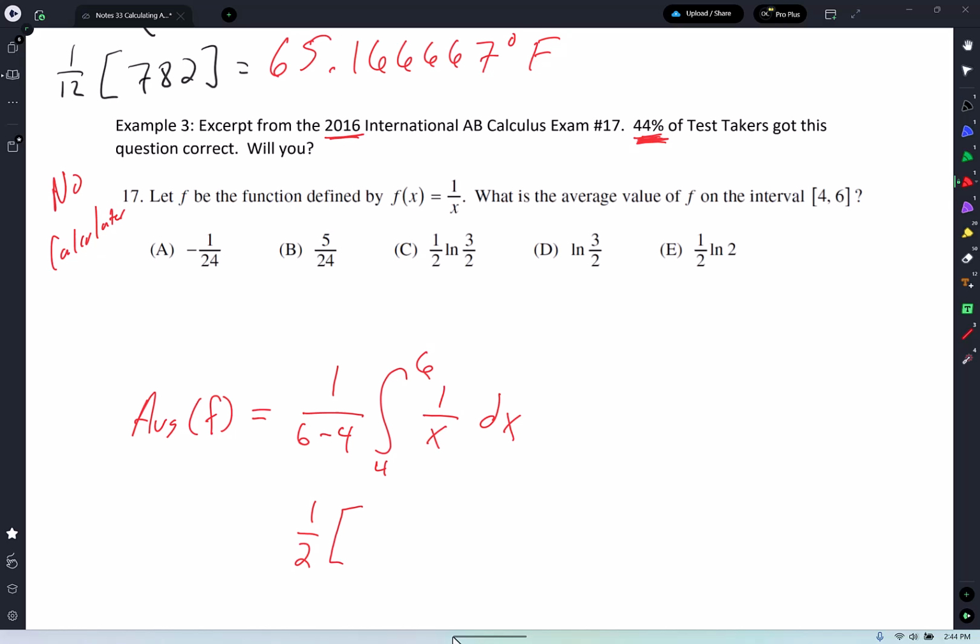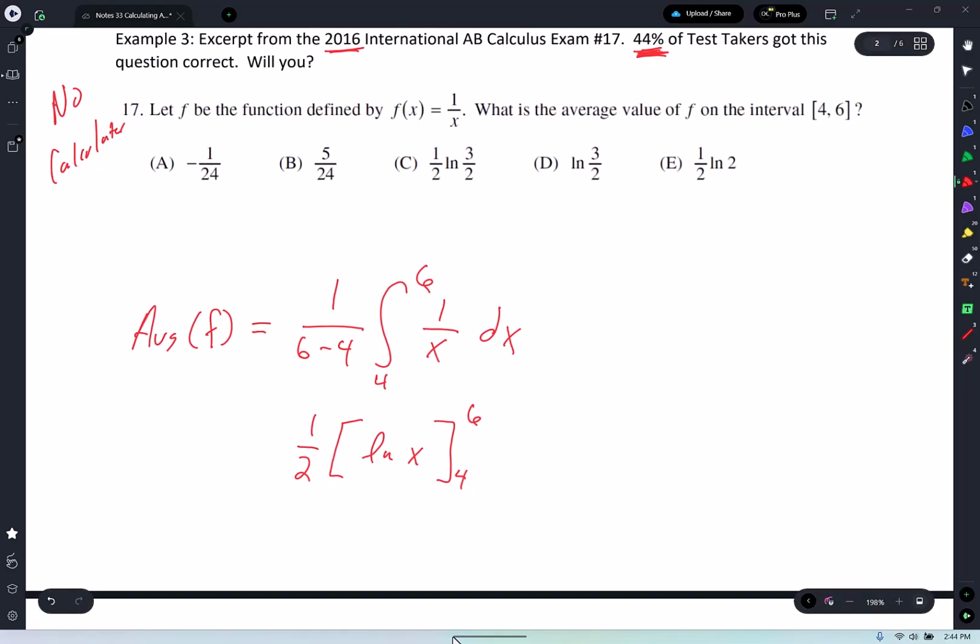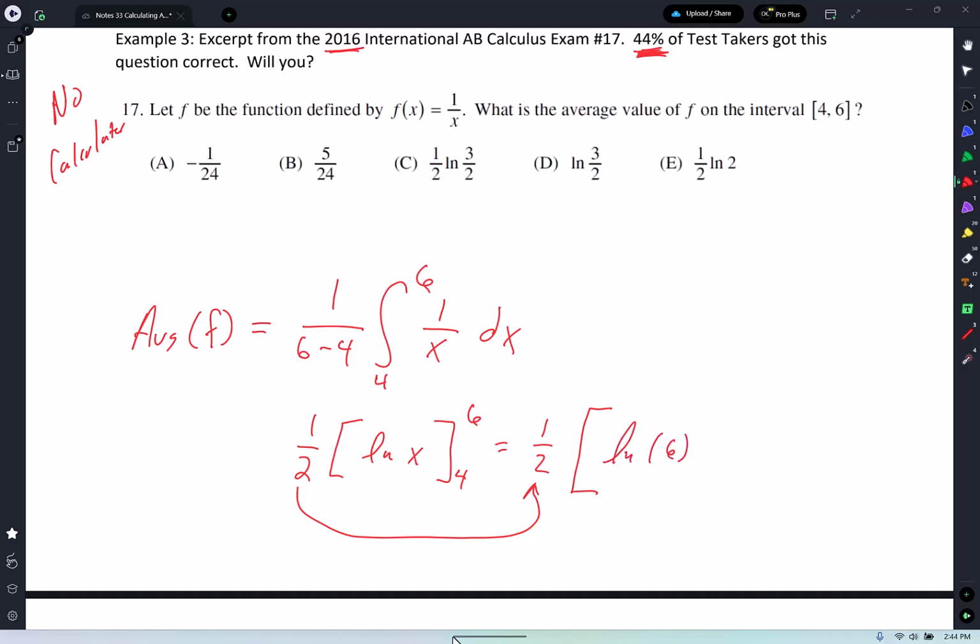All right. What's the antiderivative of 1 over x? ln of x. My lower limit is 4, my upper limit is 6. You're going to do upper minus lower. So here it is, 1/2. Since I put the equal sign, make sure you put that 1/2 there. Bracket, I'm doing upper minus lower: ln of 6 minus ln of 4.